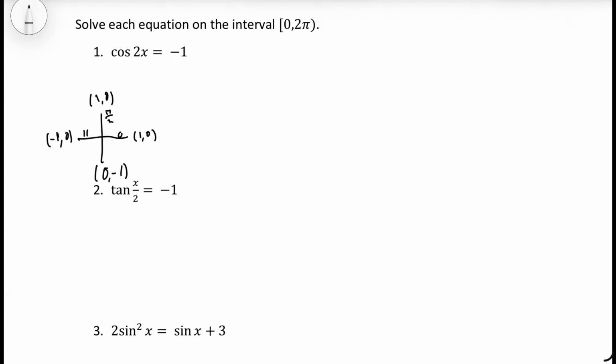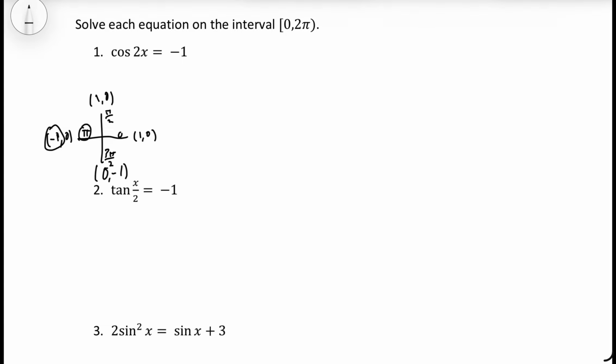Our pi is negative 1, 0. And 3 pi over 2 is 0, negative 1. So the equation says cosine equals negative 1, which would be this one. And we have pi as our angle.